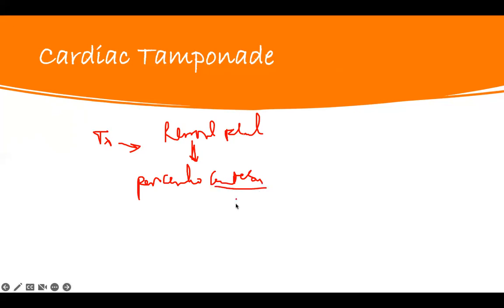Centesis means removal of fluid. Where are you removing the fluid? From the pericardial sac. So that is pericardiocentesis. When you see it, don't worry about it. Don't be disturbed. It's a fancy word. All it means is I'm doing centesis, removal of the fluid in the pericardium. And so that's it. So that's an emergency.